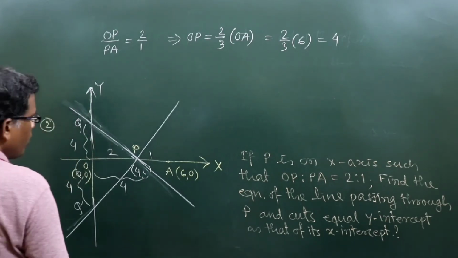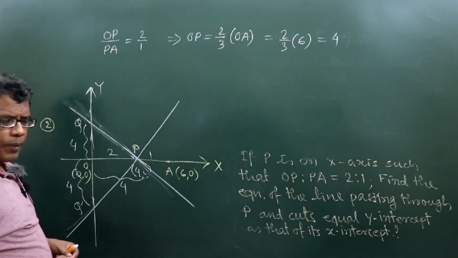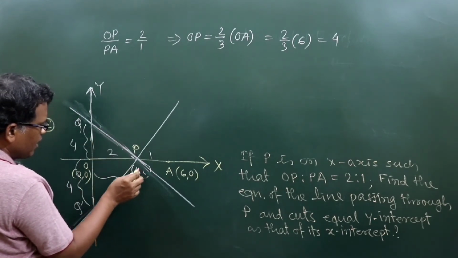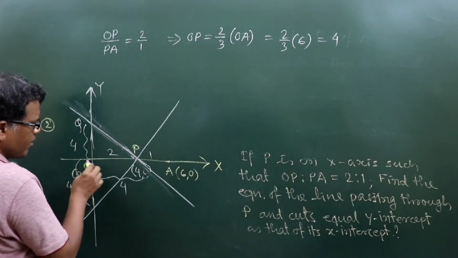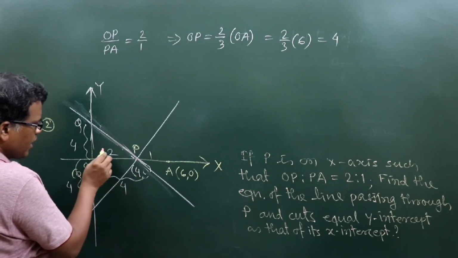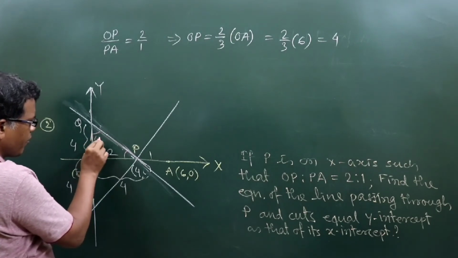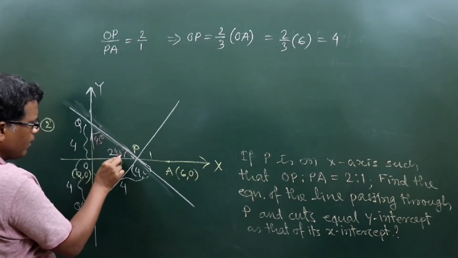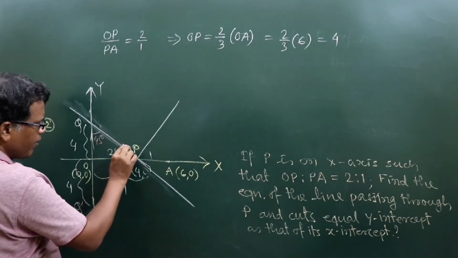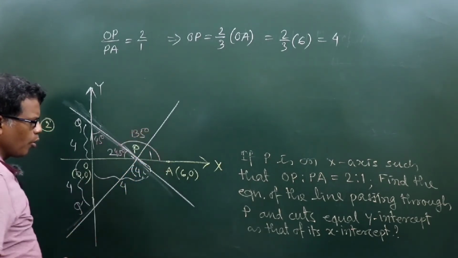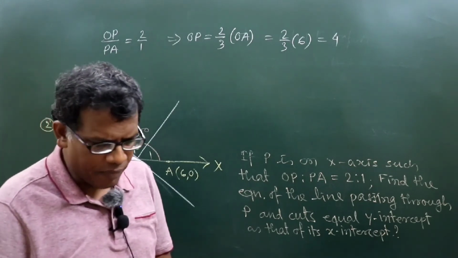The slope intercept form can help us write the equation. Whenever a straight line makes equal x and y intercepts, these two angles must both be 45 degrees. If these angles are 45 degrees, then this is 135. So for PQ, the slope deciding angle will be 135.